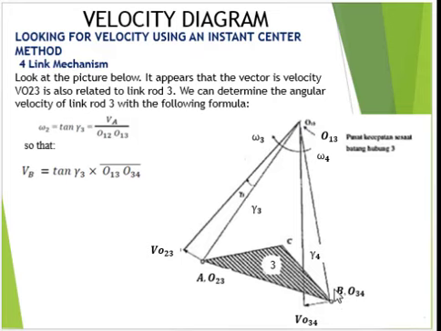This is the radius for VB. Tangent gamma 3 is equal to tangent gamma 4 because the same instant center position is used, instant center O13.